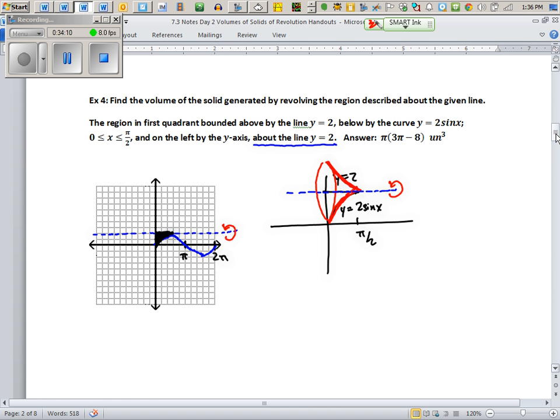Okay, so once you kind of figure that out, you can draw the disks, write down the differential volume, and integrate. So let's draw one disk. For the differential volume, pi r squared. Should I go with dx or dy? Look at the direction that the width is in.